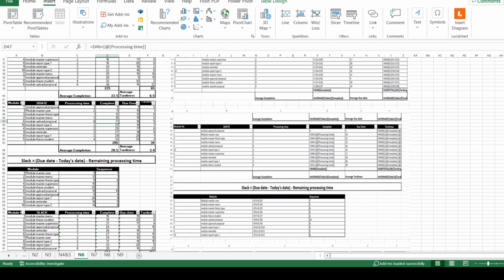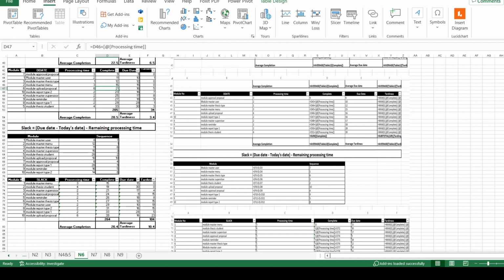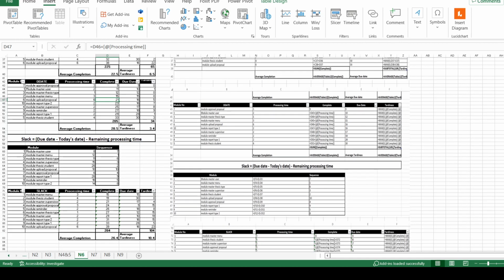The Slack formula is due date minus today's date. I put today's date as 0. I hope that explains some. So this is how I do the Slack sequence model.